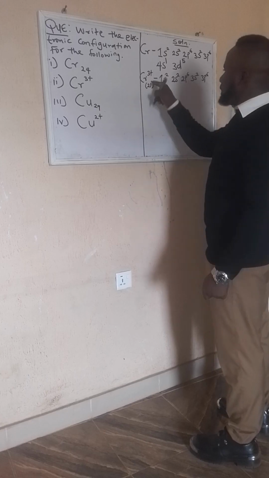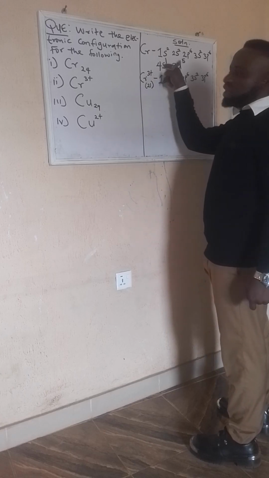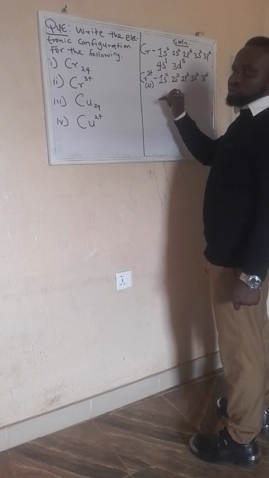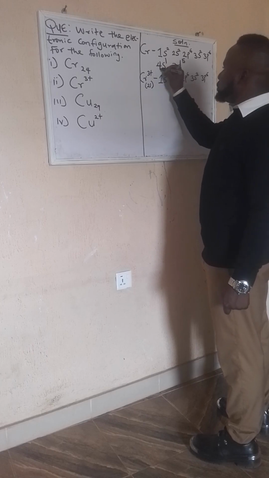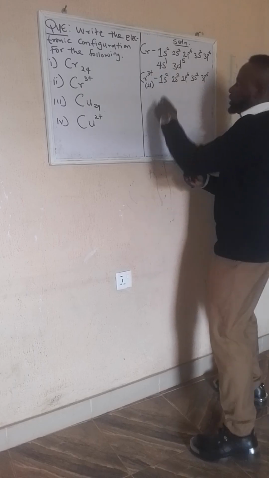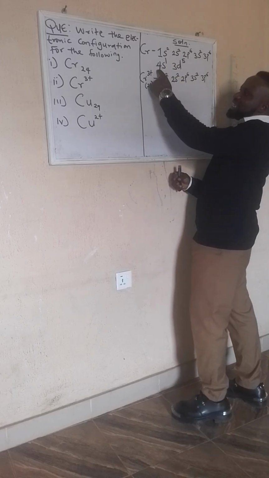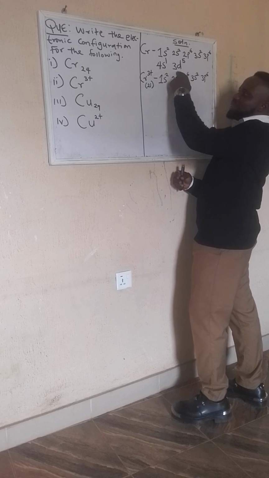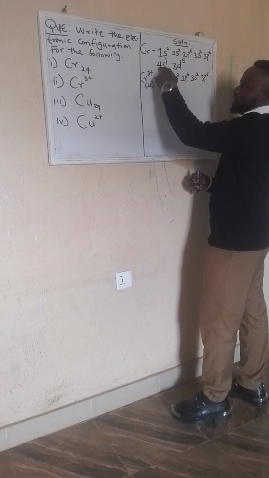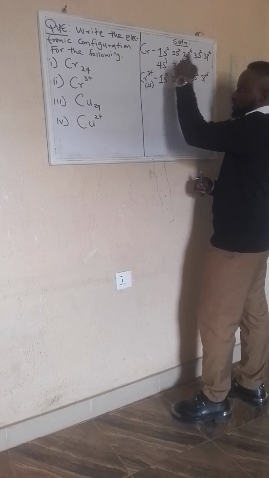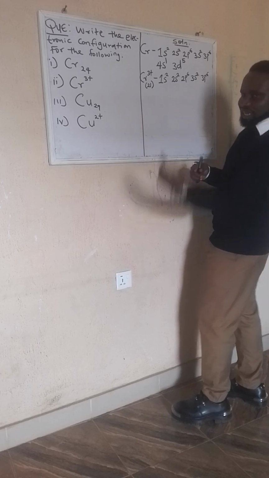Then electron loss will start first from the outermost shell before coming to the next shell. And since this is the outermost shell, in the build-up, it has to enter 4s because the energy level of 4s is lower than that of 3d. But in the removal, electrons will first be removed from the outermost electron shell before it comes to the next shell.